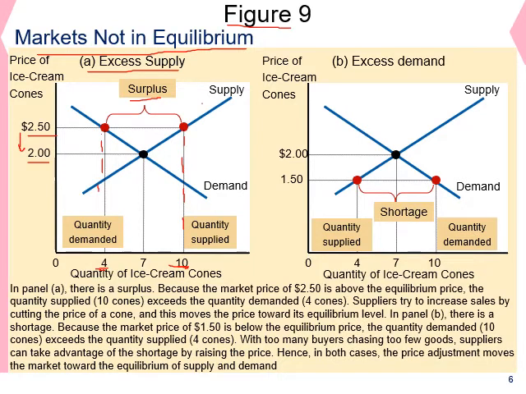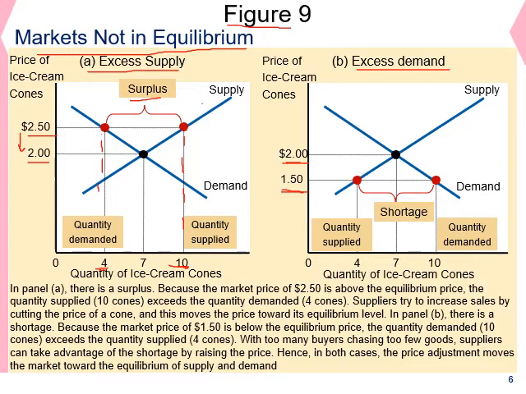On the other hand, for the case of excess demand, the equilibrium price of $2 is above the current price of $1.50.